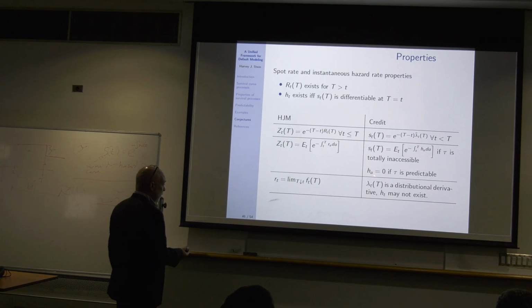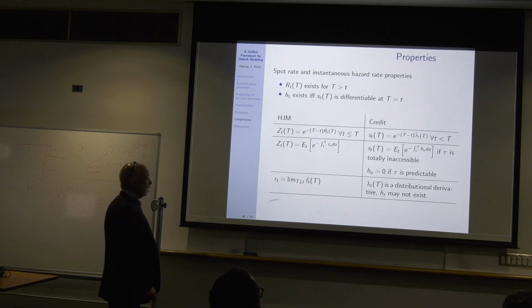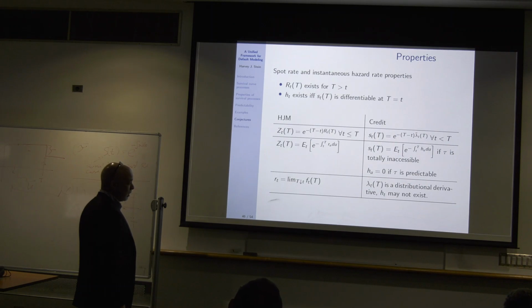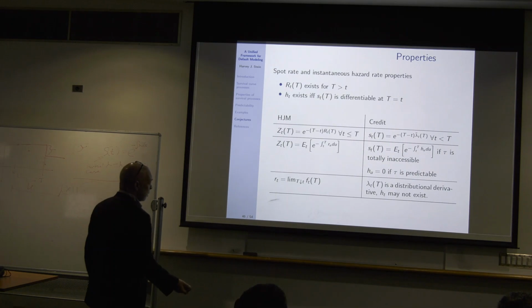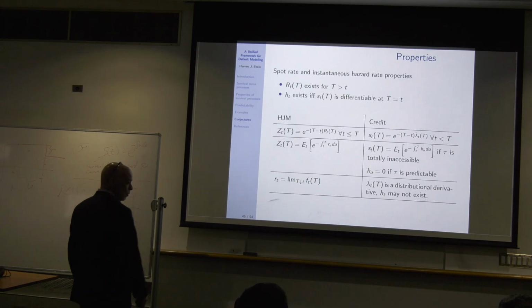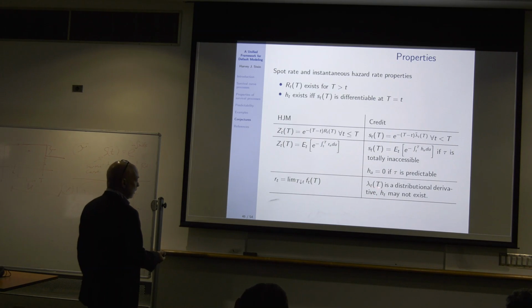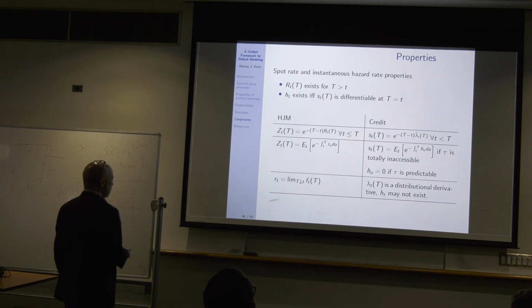On the credit side, what we expect is that it's equal to the integral of the instantaneous hazard rate if it's totally inaccessible. And H should be 0 if tau is predictable. So reconstructing the survival curves from the instantaneous hazard rate breaks down in a way that doesn't break down in the interest rate case. And of course, because lambda sub little t of cap T is a distribution derivative, this H might not exist, whereas in interest rate modeling, it essentially always exists.